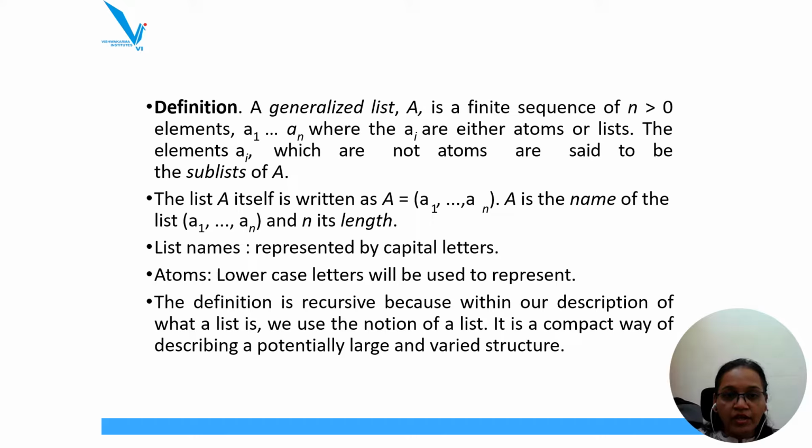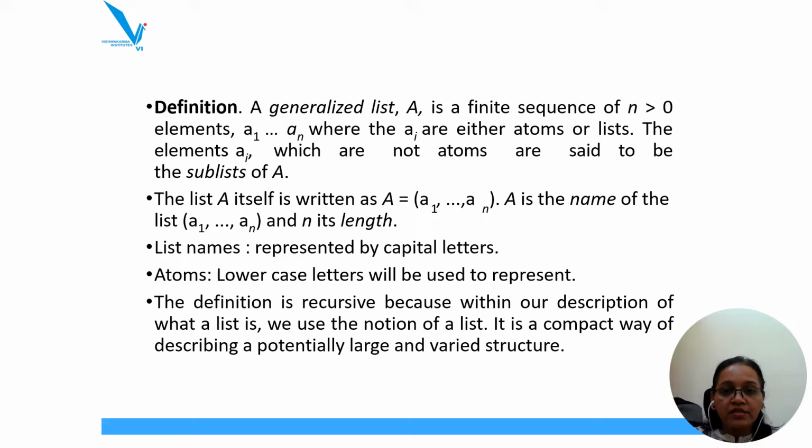The elements AI which are not atoms are said to be the sublists of A. So your generalized linked list is a set of elements where every element can be a single atom or a sublist of A. The list A itself is written as A of A1 to AN. A is the name of the list, A1 to AN are the elements, and N is its length.